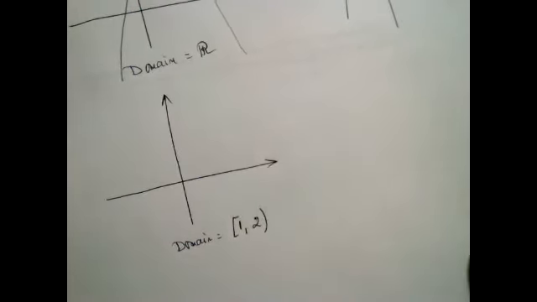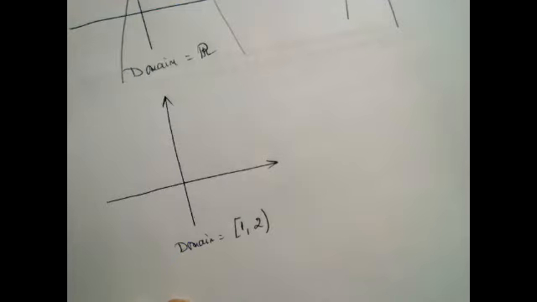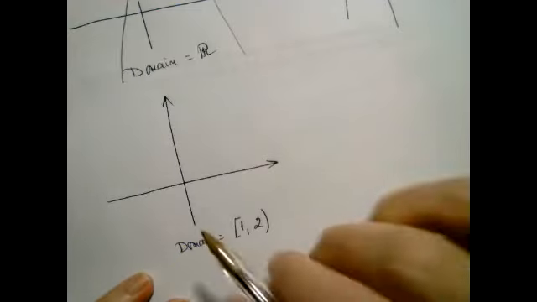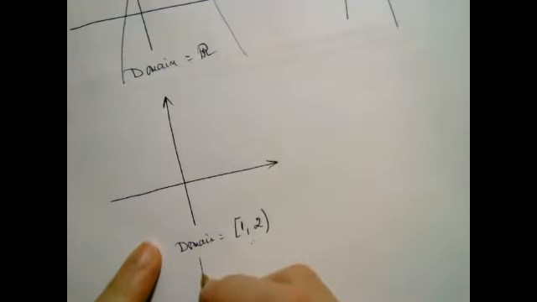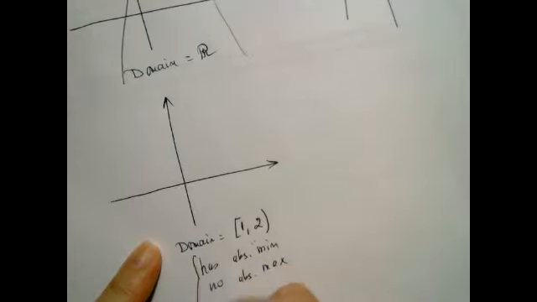Does the function have to have an absolute max and an absolute min? Can you tell me how to graph a function that has an absolute min but no absolute max, where the domain is 1 to 2?